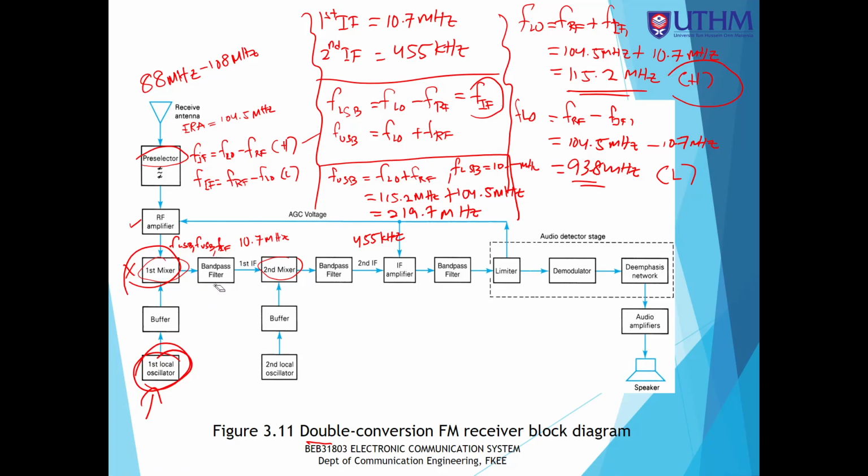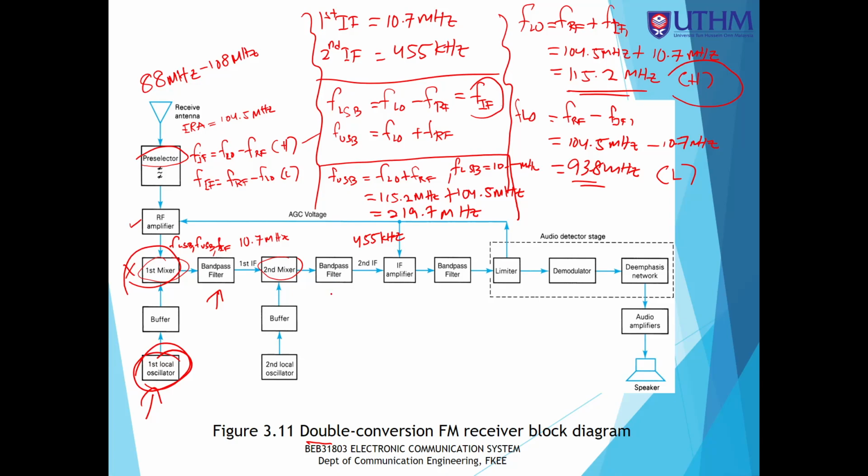So this band pass filter will select only the desired frequency band. It will allow the center frequency, 10.7 megahertz, towards the second mixer. So what happened at the second mixer?